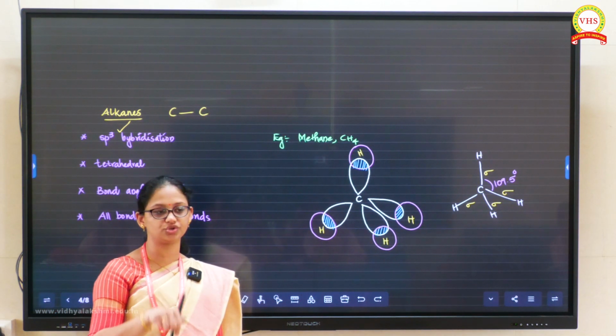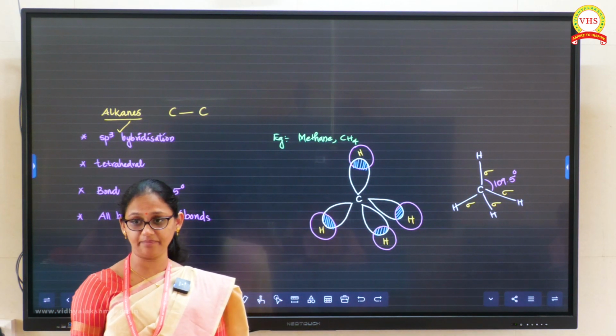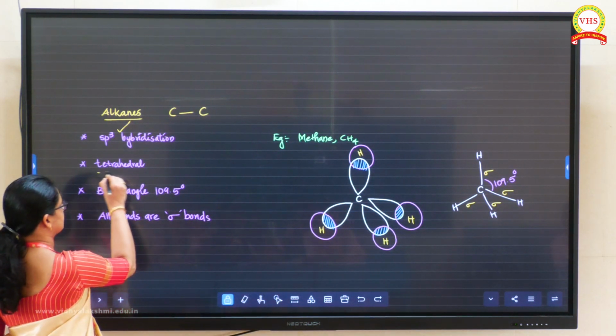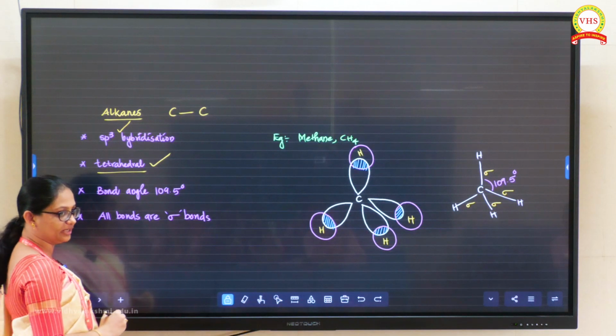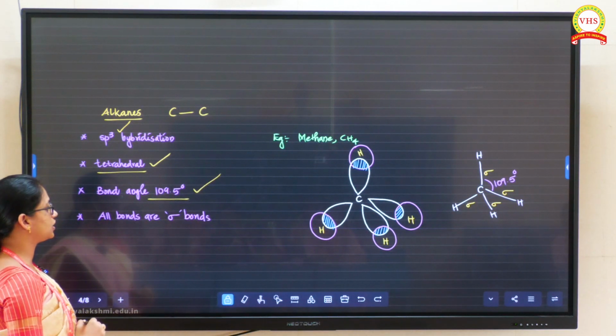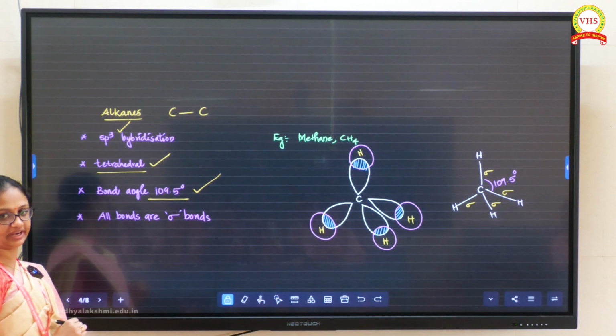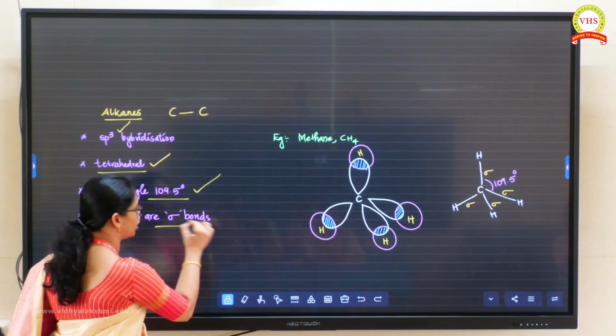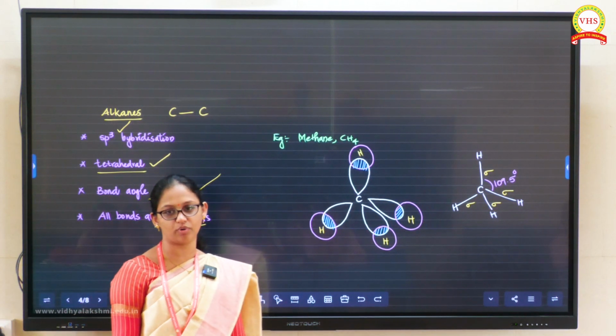According to VB theory, sp3 hybridization has tetrahedral geometry, and the bond angle is 109.5 degrees. sp3 hybridization means all the bonds are sigma bonds.